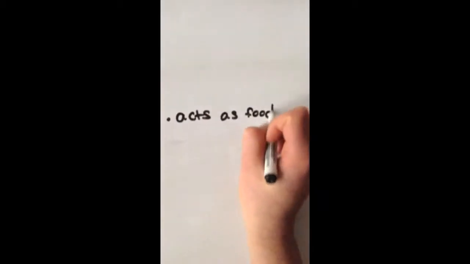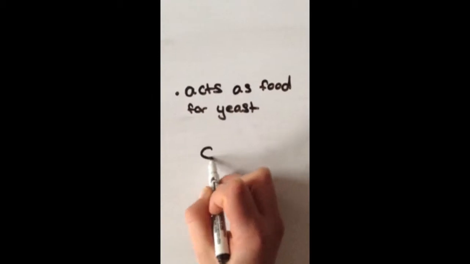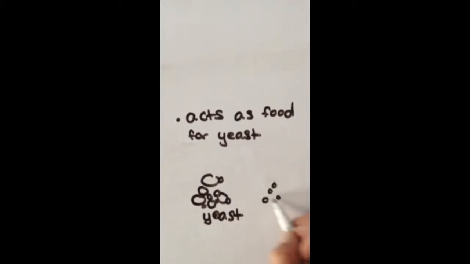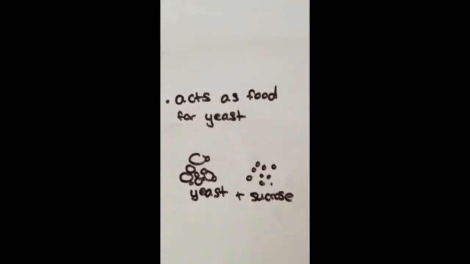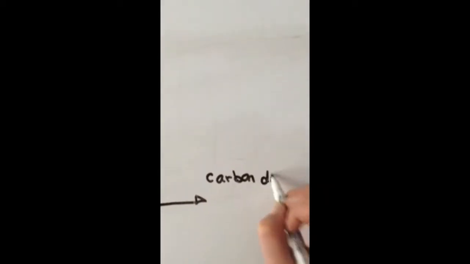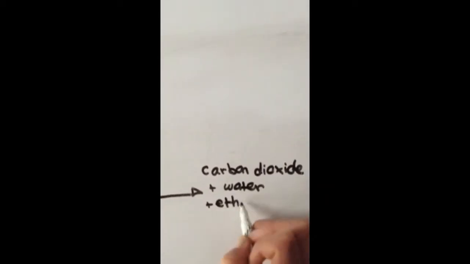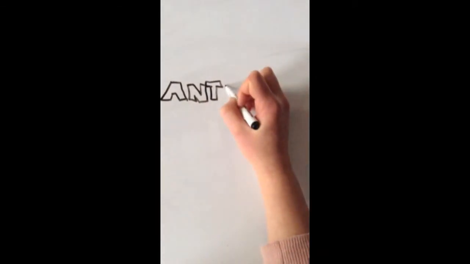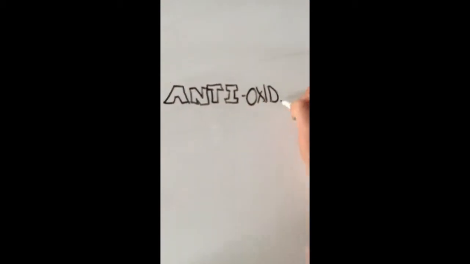Sucrose acts as a food for yeast during the fermentation process to produce carbon dioxide, water, and ethanol, also known as alcohol. Furthermore, sugar is observed to be an antioxidant, meaning it decreases damage due to oxygen. It also absorbs water.